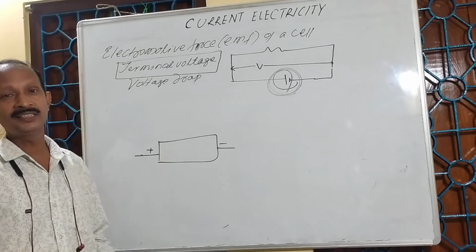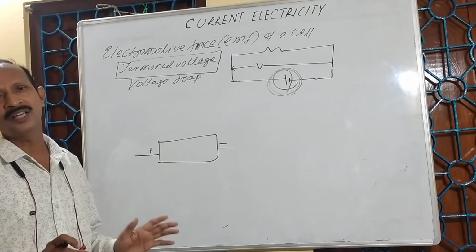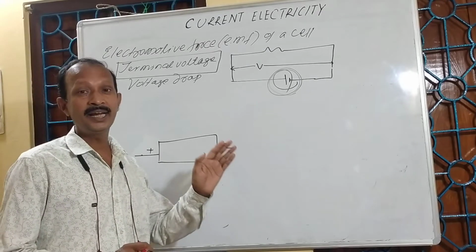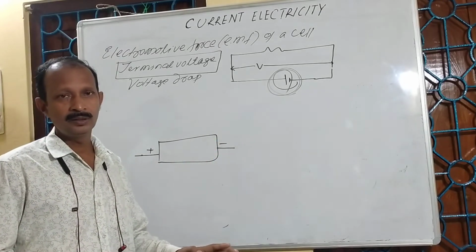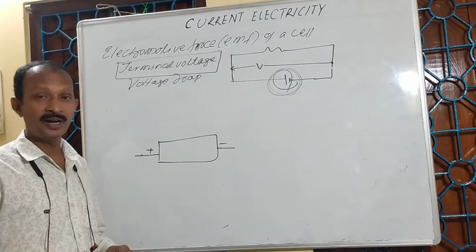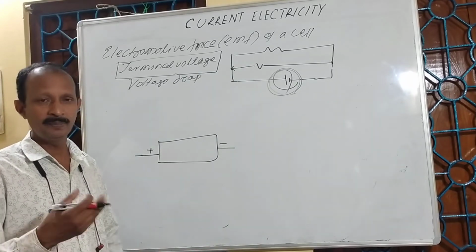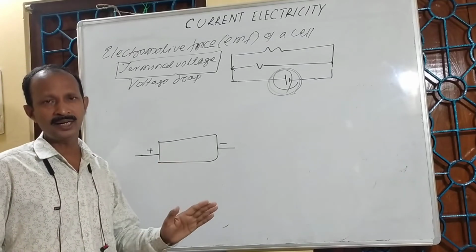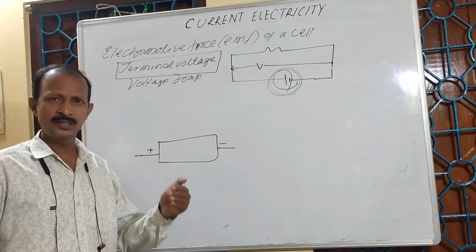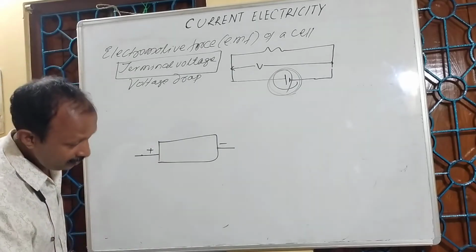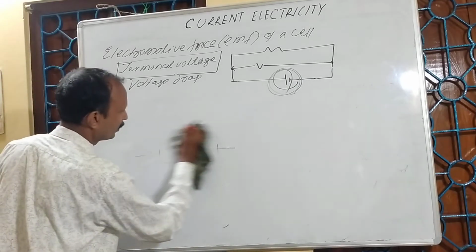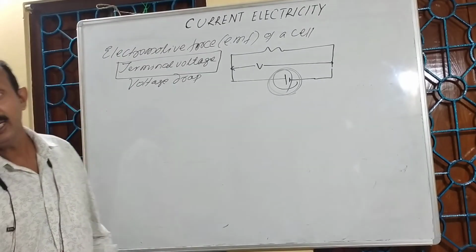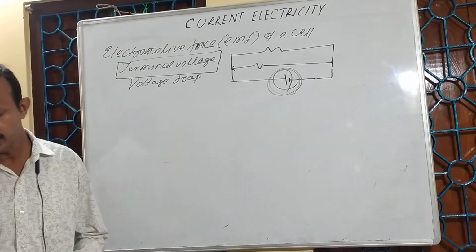That voltage is of no use for us. That's why we call it the voltage drop. Regarding other factors associated with the voltage drop, definitely you will learn in the higher classes. What is necessary for your 10th class, that is what I am saying to you. Okay children, so this is the relationship between terminal voltage and electromotive force.